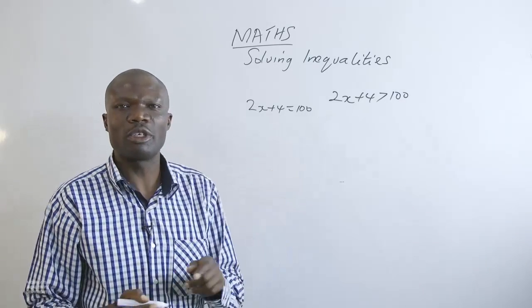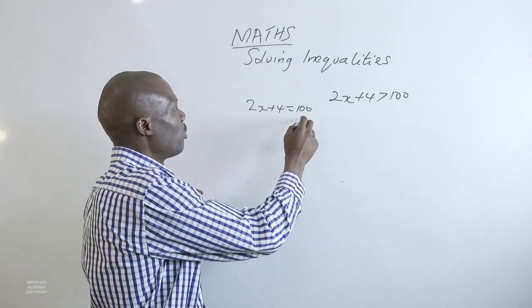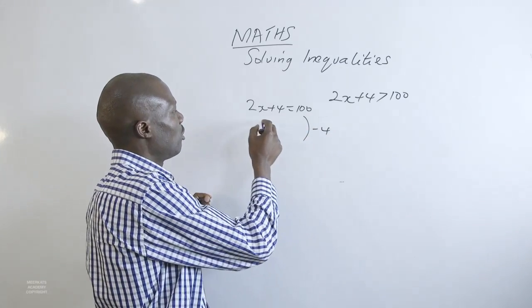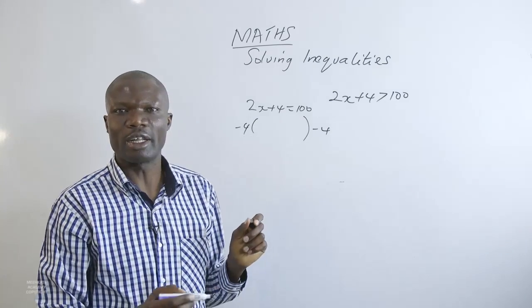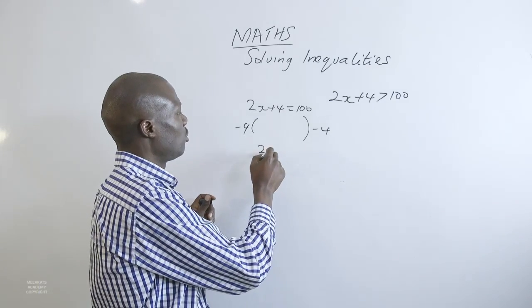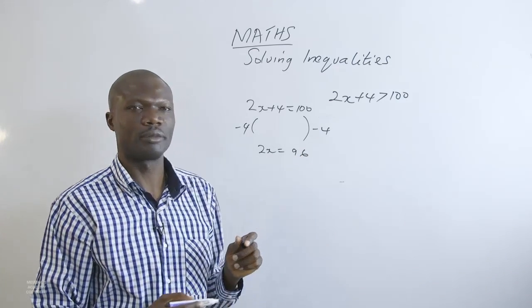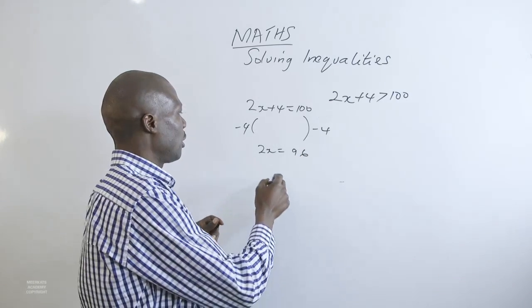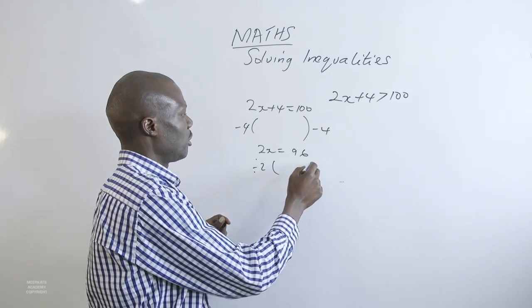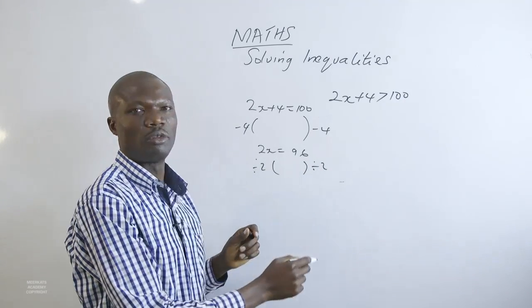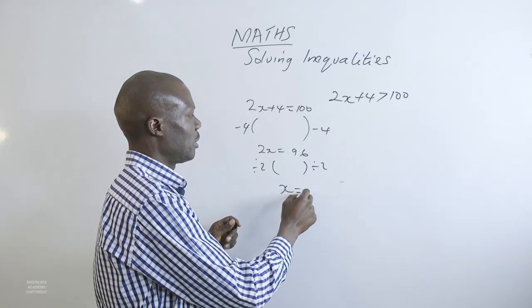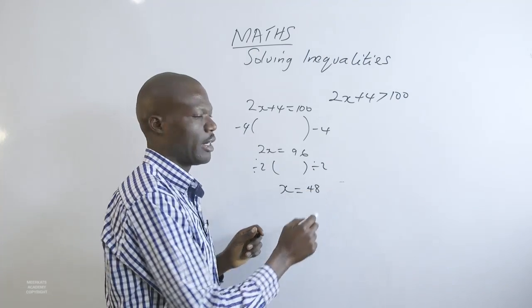If this was an equation to be solved, we would subtract 4 from both sides like that, so that we have 2x equals 96. And then we divide by 2, and you find that x equals 48.